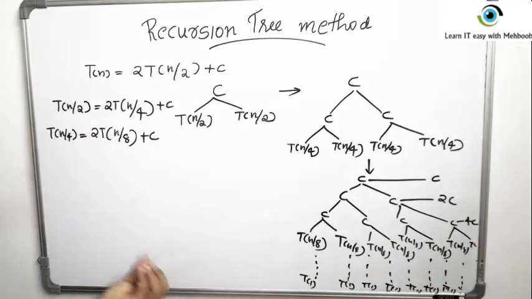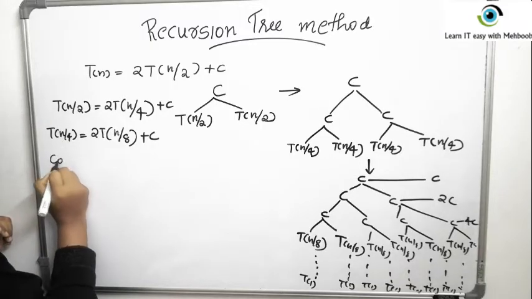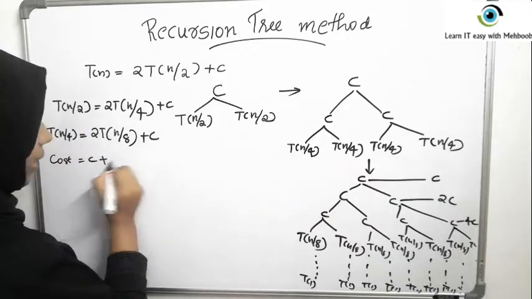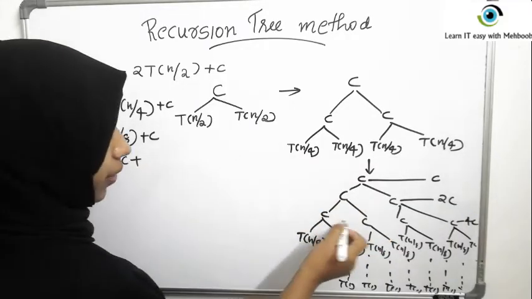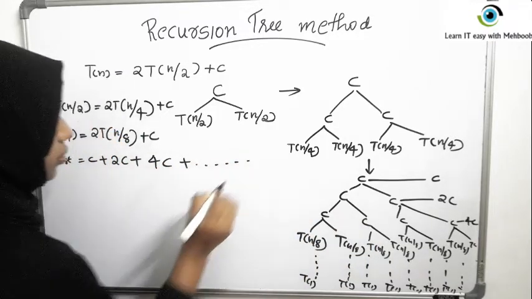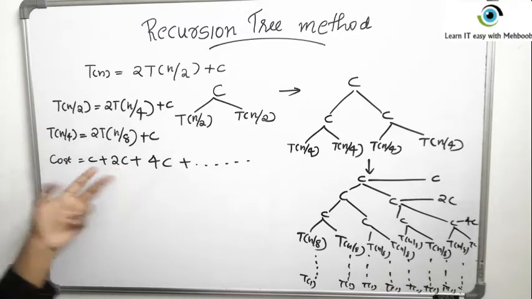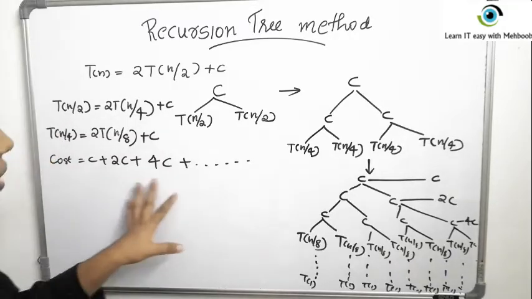Now we can just sum up the individual cost. So the total cost is, in the first level it is c, plus in the second level it is 2c's, next in the third level it is 4c's, and it goes on like that, isn't it? So as you can see, this is a GP with common ratio 2. So you have to find out the sum of terms in the GP.